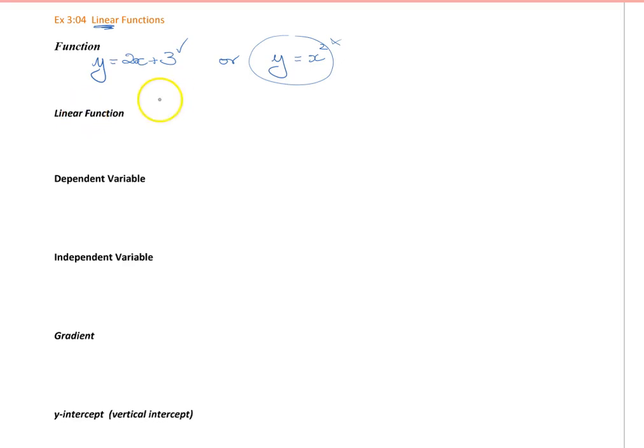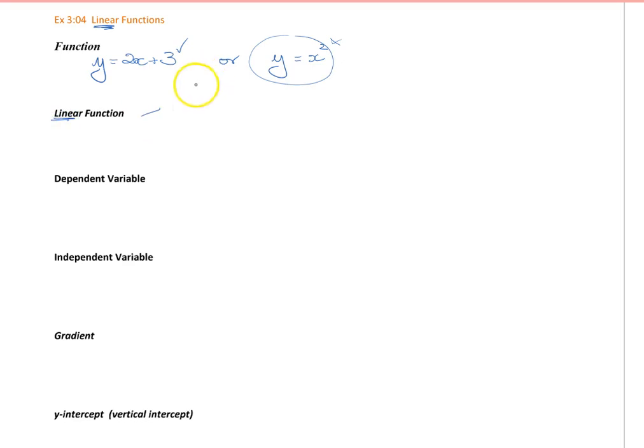A linear function will always have 1 as the highest power of the x. So clearly you can see here the highest power of x is 2, and that's why it's not linear. You can only have x to the power 1 for it to be linear.